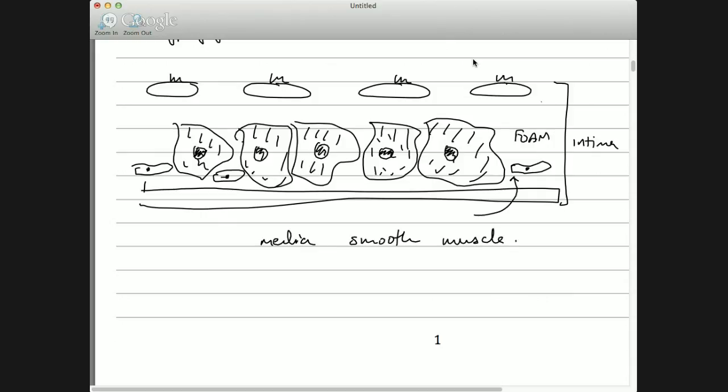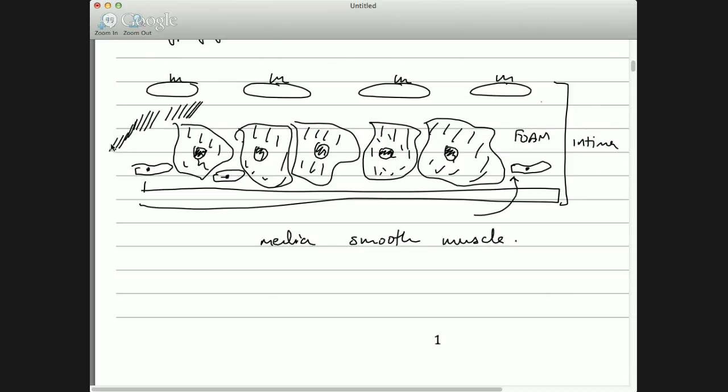That's where you get the fibrous cap. Exactly. So that means some of the cytokines that are secreted here cause fibroblasts in your blood vessel to start laying down new collagen.